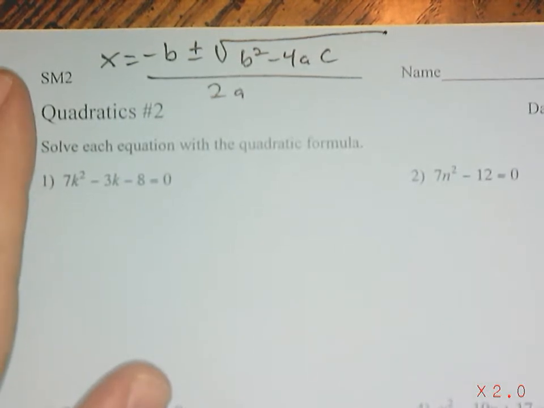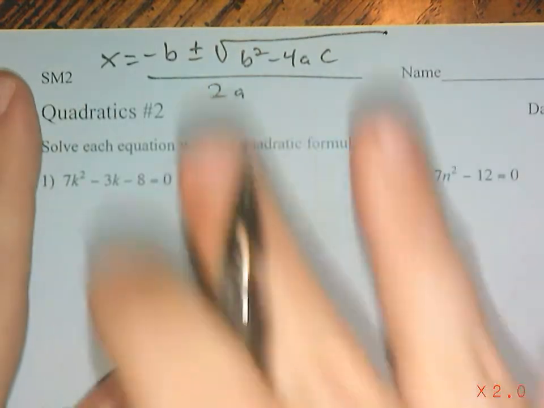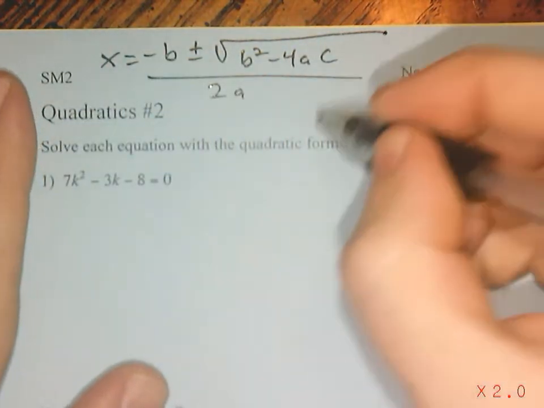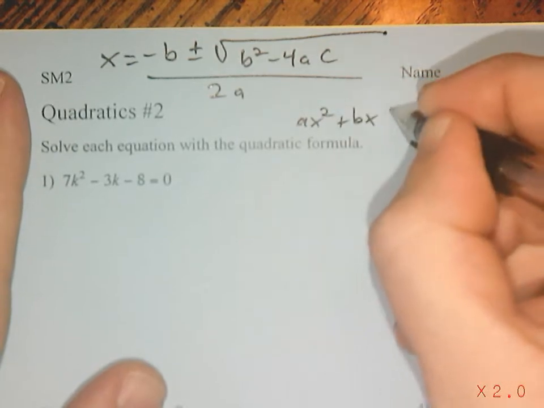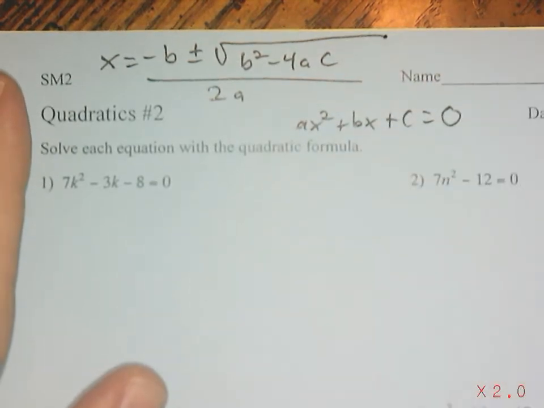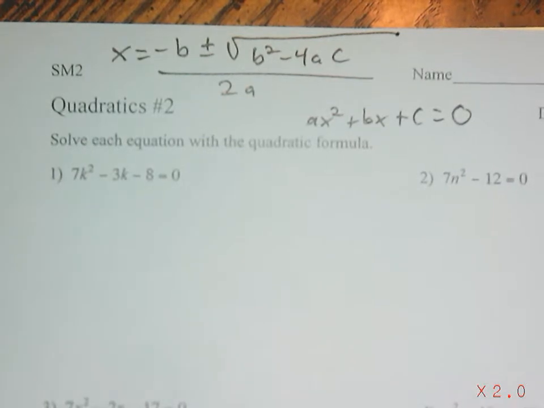The form that the equation needs to be in, in order to get what a, b, and c are, needs to be ax squared plus bx plus c is equal to 0. Must be equal to 0. If it's not equal to 0, you're going to get wrong numbers for a, b, or c, or whatever is on the other side. Okay, so let's go through and try some of these, and let's see how we do.